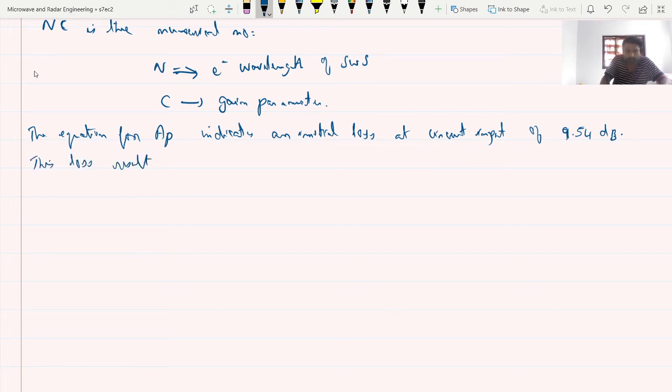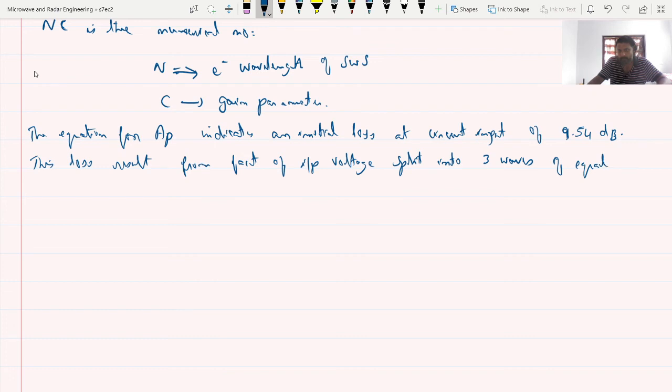So this loss results from the fact that the input voltage splits into three waves of equal magnitude.